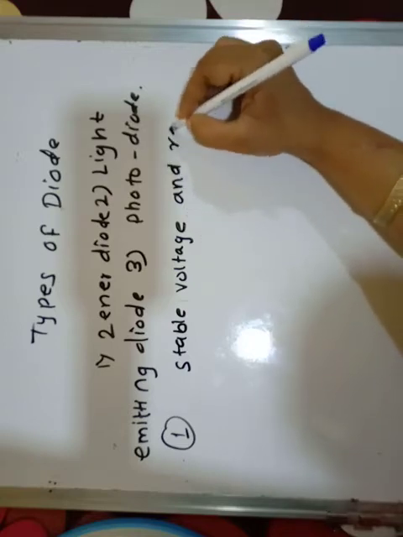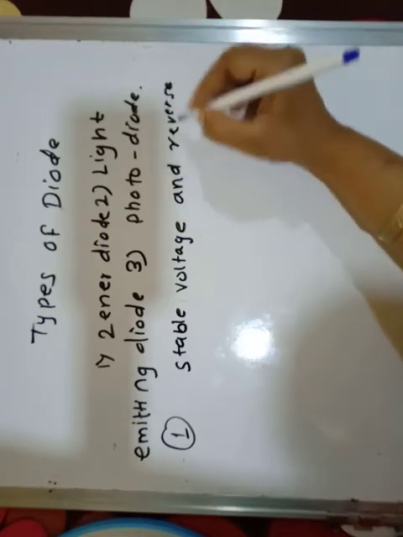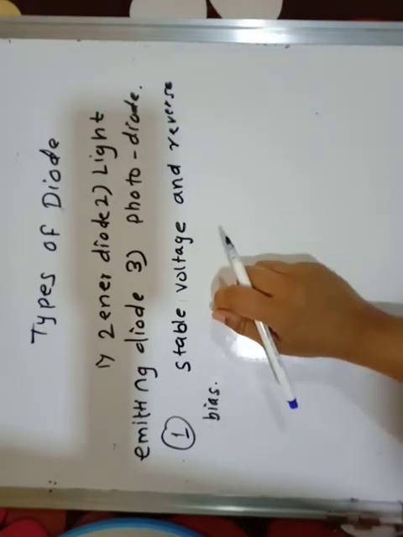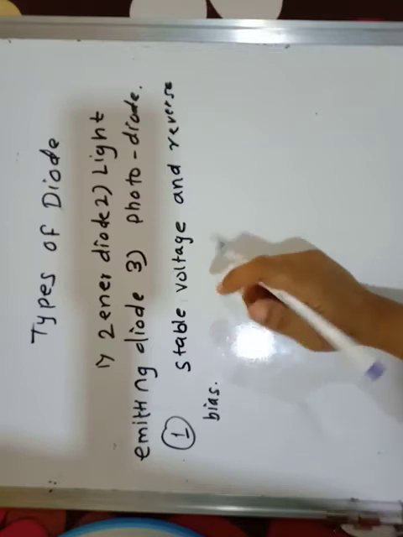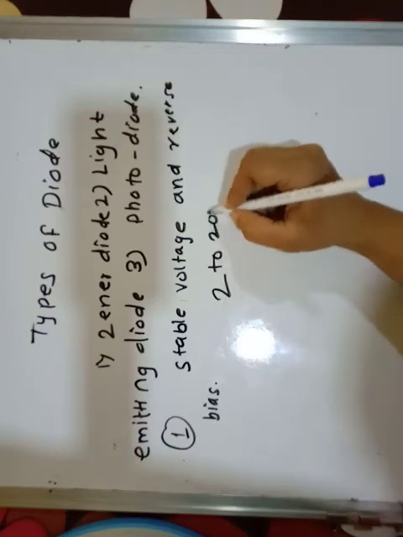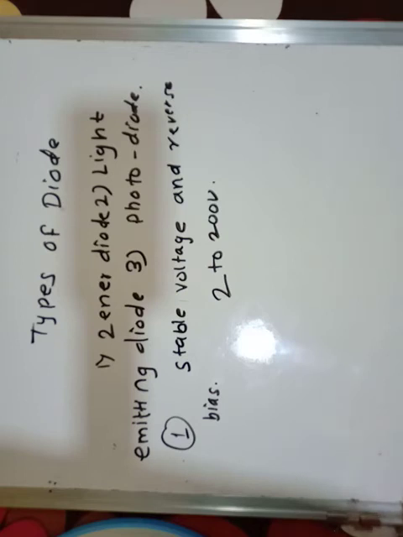By adjusting the doping level of Zener diodes for different voltages, from 2 to 200 volts, it is manufactured in different wattages.